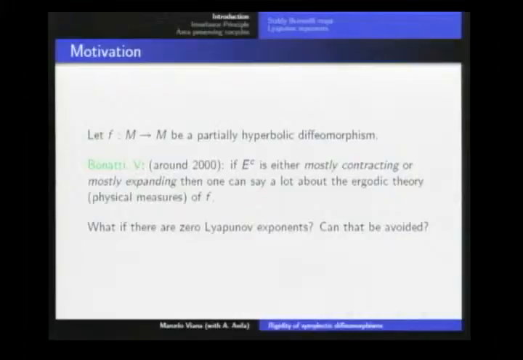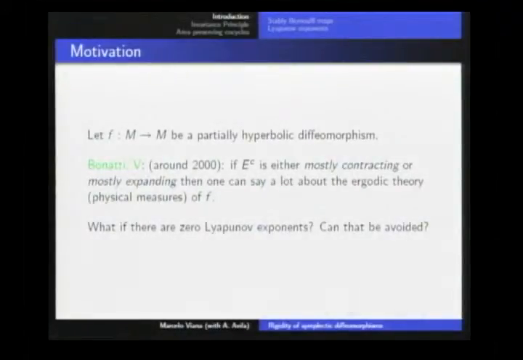So we worked a bit on removing zero exponents, and there's a paper of Christian and Alexandre Baraviera that was developed in that spirit. Now, 13 years later, the point of view has changed, and it's more like instead of trying to avoid zero Lyapunov exponents, we should make them work on our behalf and try to extract information from that.